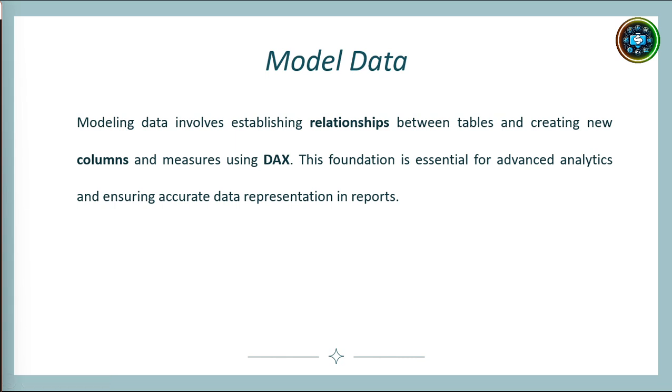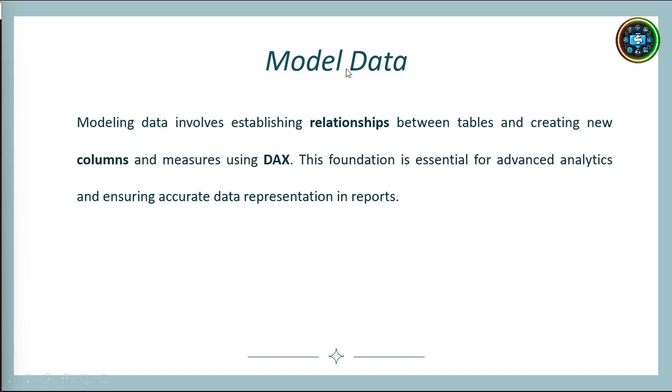Here we create relationships. In the last lecture, I showed an Excel file, how to create a relationship between the sales sheet and the dealers sheet, and between the sales sheet and the models sheet. There is a common column called ID, so using the dealer ID and model ID, I will create a relationship.